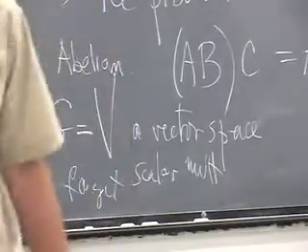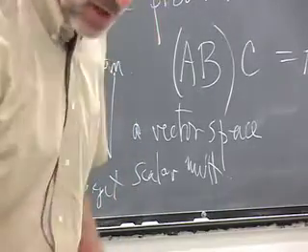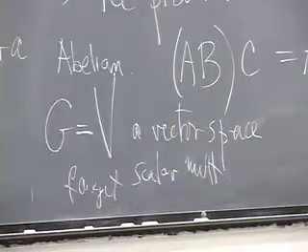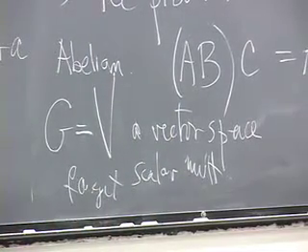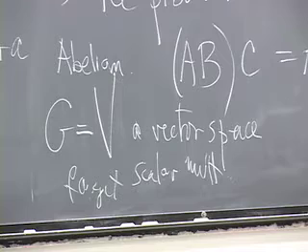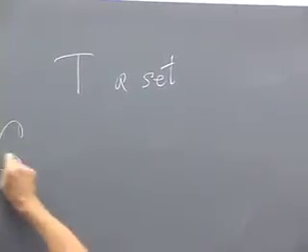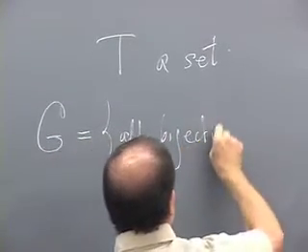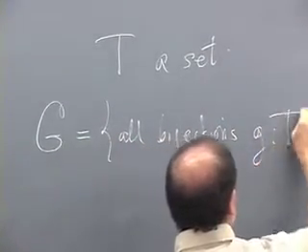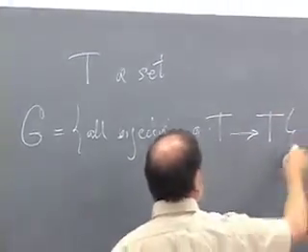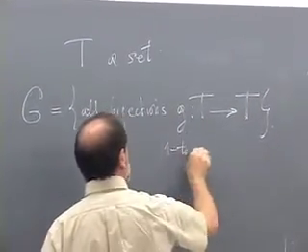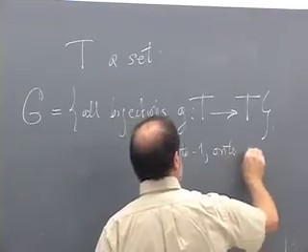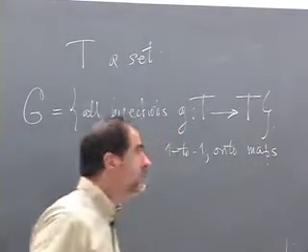In some sense, the most general group you get as follows. And this will be the last thing I'll talk about, and then I'll let you get out of here. If you start with any set, call it the set T, and you let G be the set of all bijections from T to itself, so that means one-to-one and onto maps from a set to itself.